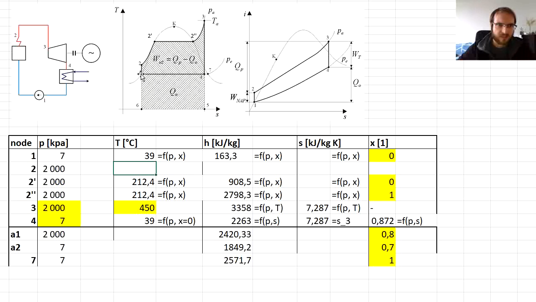So that means the entropy would stay the same. So entropy at point 2 will be the same as entropy at point 1, and then enthalpy would be a function of the pressure and entropy.